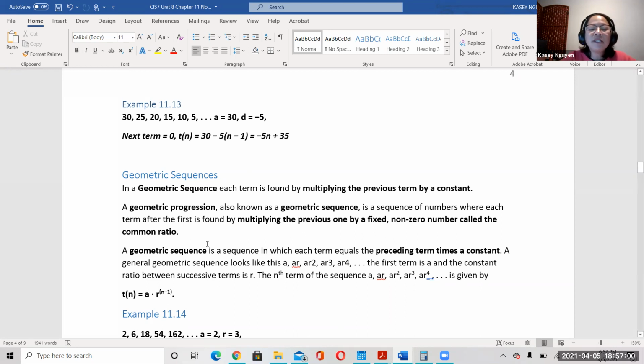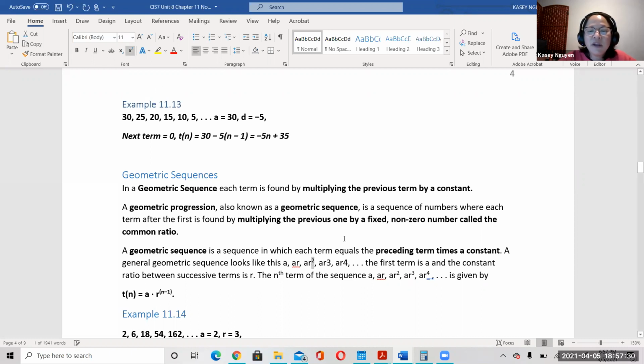So a geometric sequence is a sequence where each term equals the preceding term times a constant, right? It's the same, just different verbiage to explain the last few sentences. You start with the first term, which is a, and you multiply it by the common ratio, which is r.